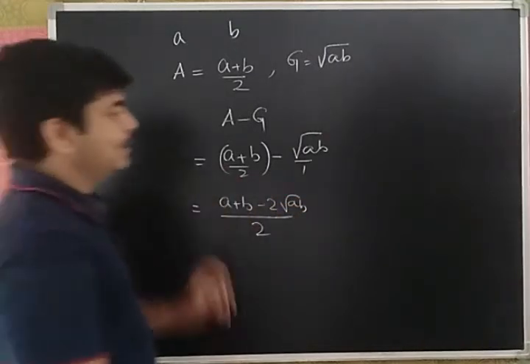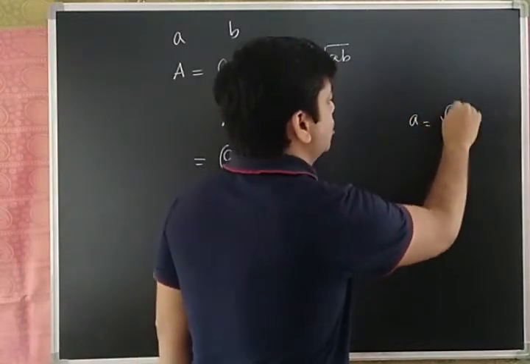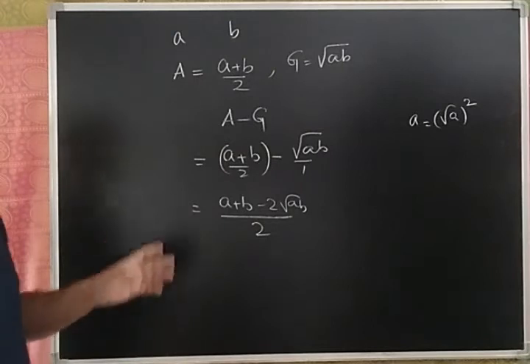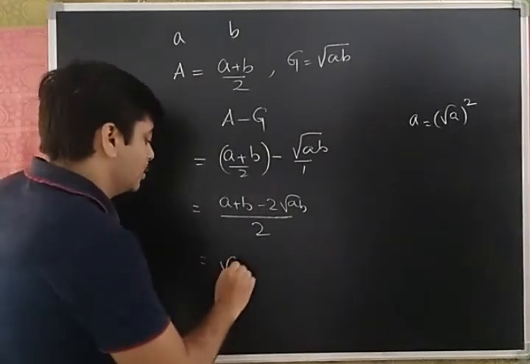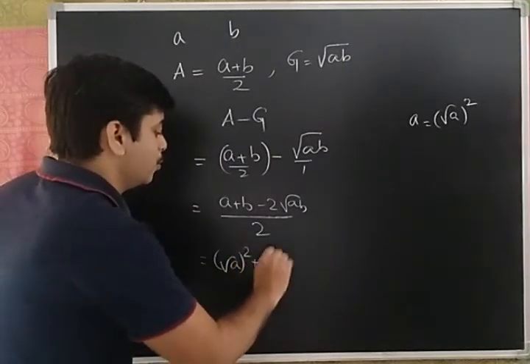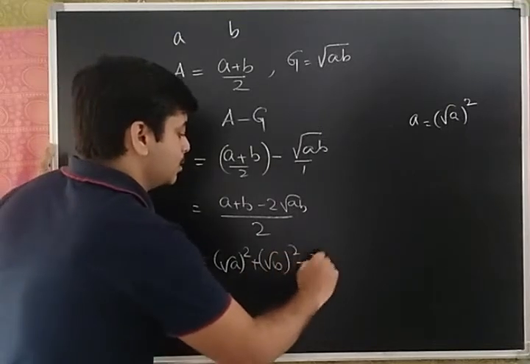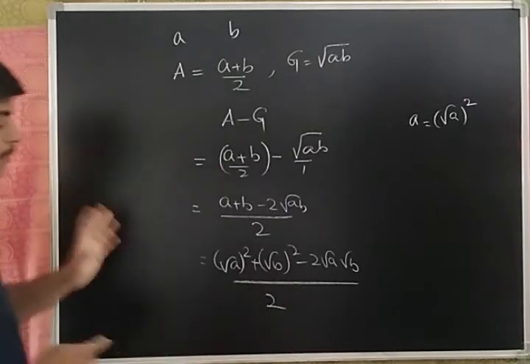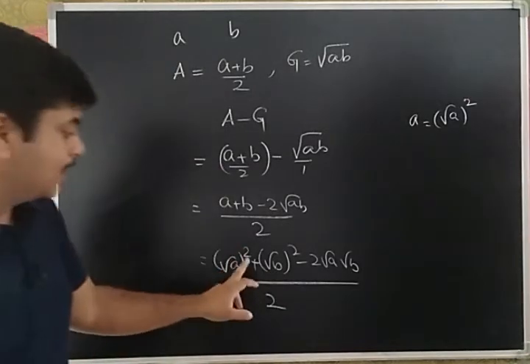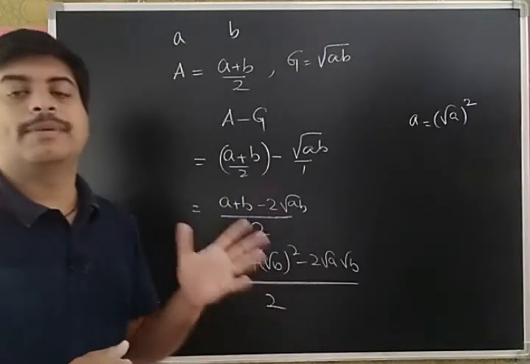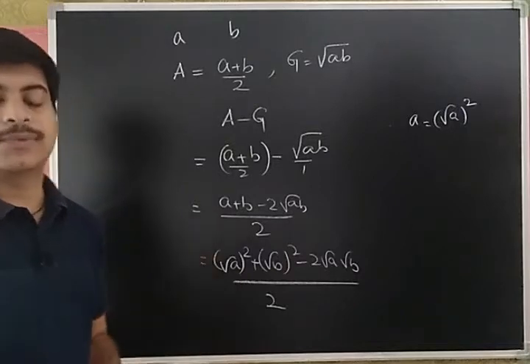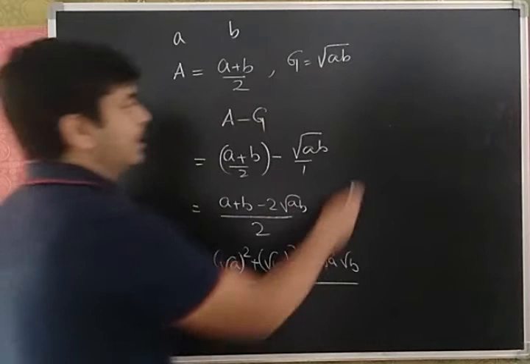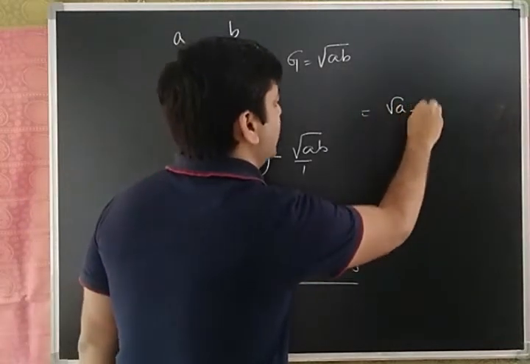I'll write this a as root a whole square, and this b as root b whole square. So this is (root a whole square plus root b whole square minus 2 times root a root b) by 2. Any formula you can identify? a square plus b square minus 2ab, which is nothing but (a minus b) whole square. So this final step gives you (root a minus root b) whole square by 2.